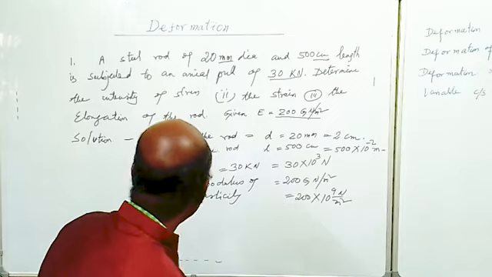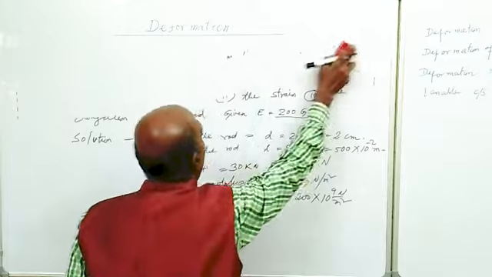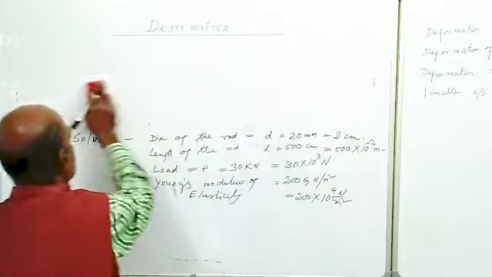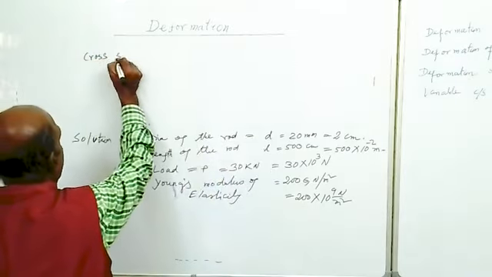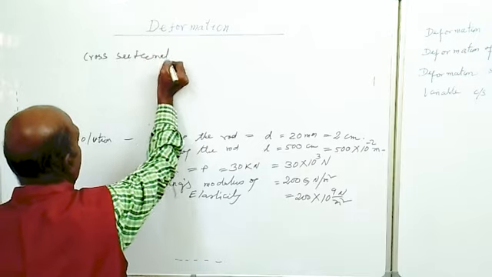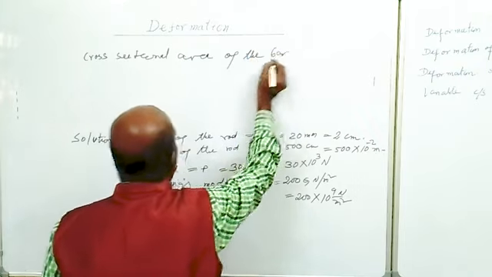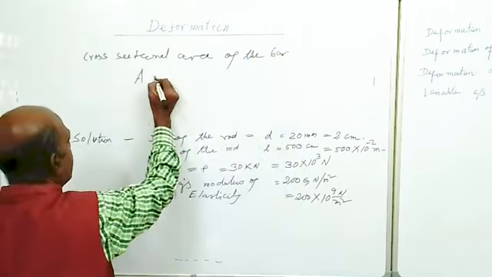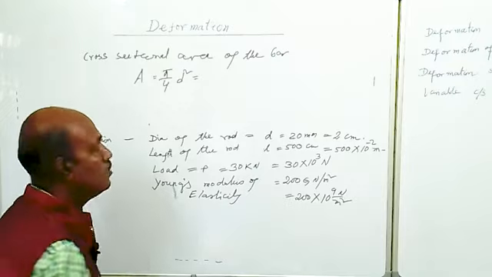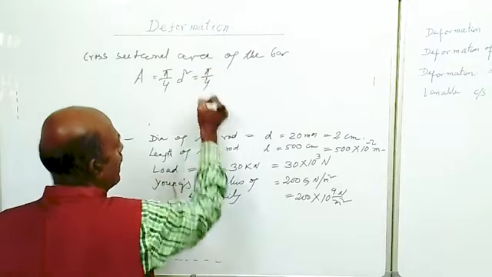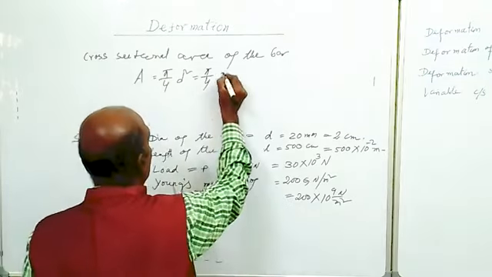First we will find out the cross-sectional area of the bar. You know the cross-sectional area of the bar is given by capital A is equal to pi by 4 into d square, which is pi by 4 into the diameter of the bar, 2 centimeter, so pi by 4 into 2 whole square.